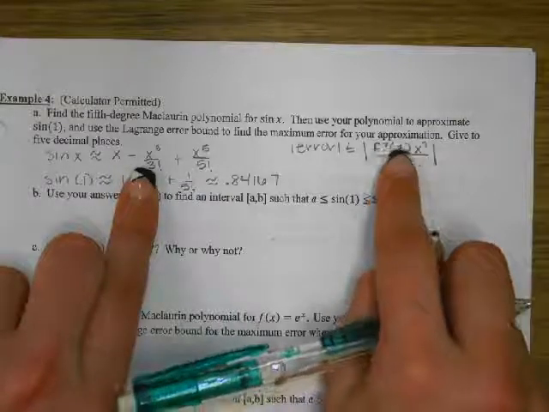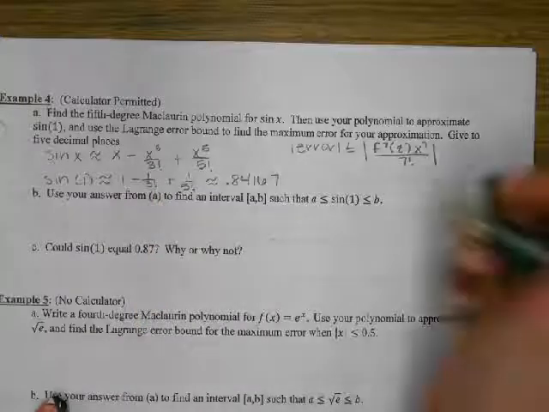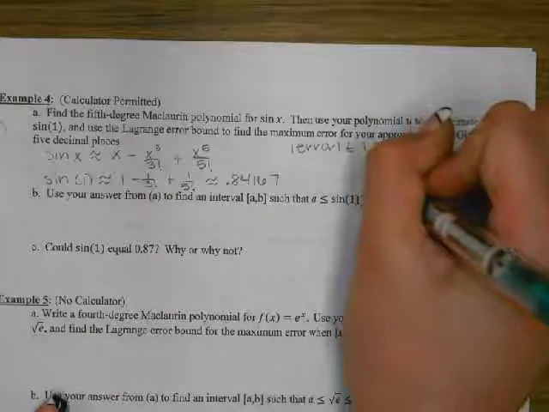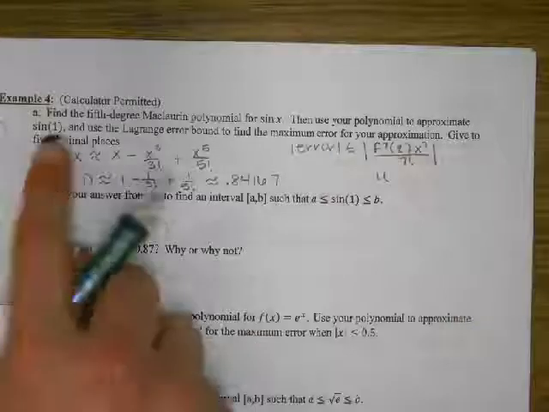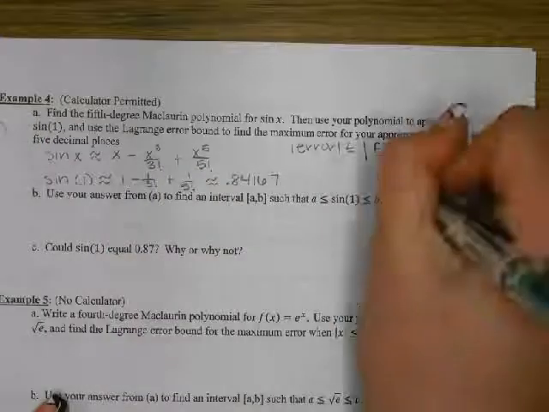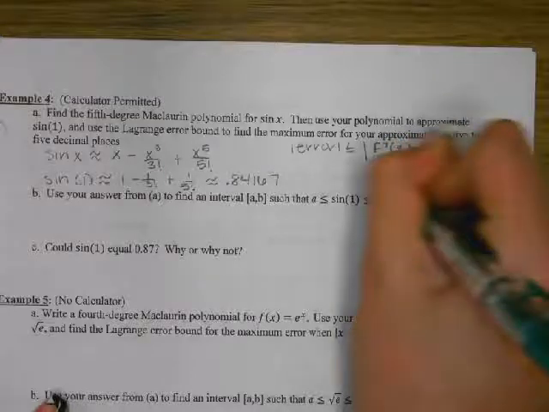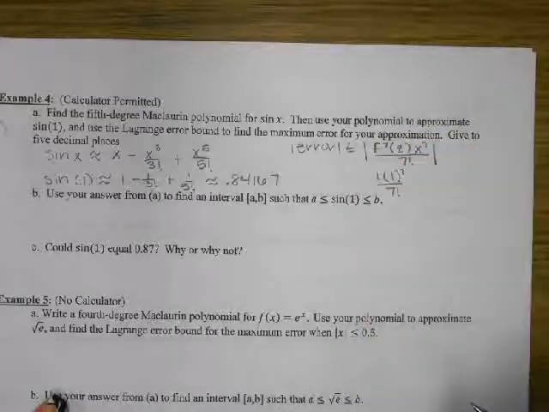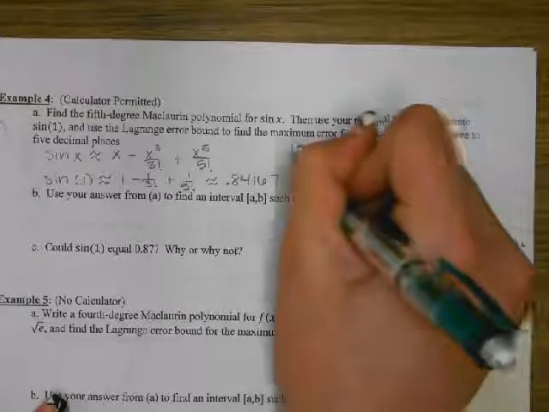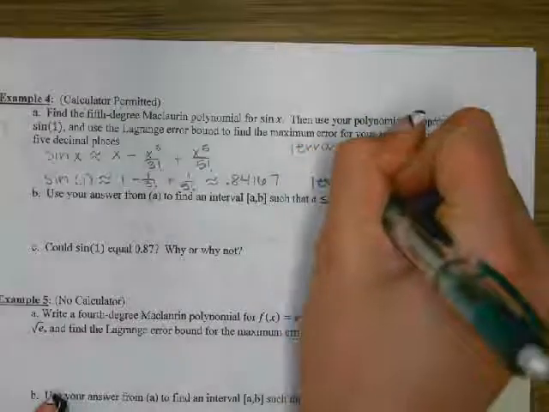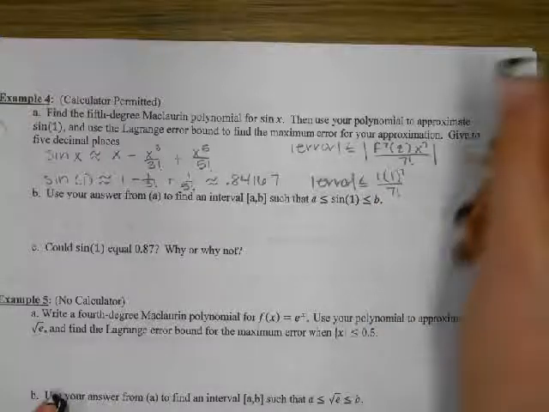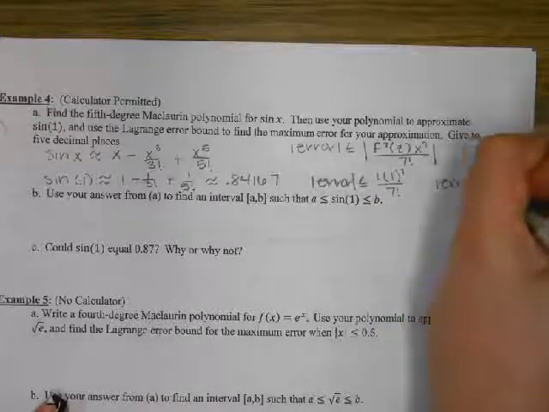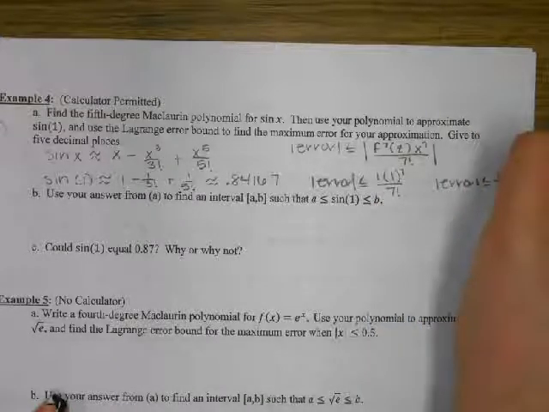So we know that this value right here would be a 1. So on the top, I'm going to have 1 times, and then we're plugging in a 1. We evaluated it at a 1. So this is 1 to the 7th over 7 factorial. So our error is less than or equal to 1 over 7 factorial.